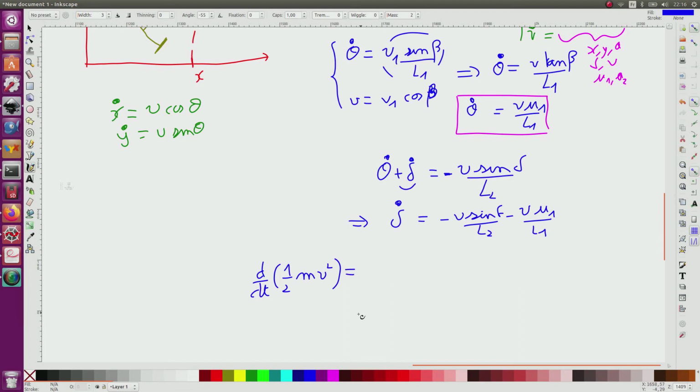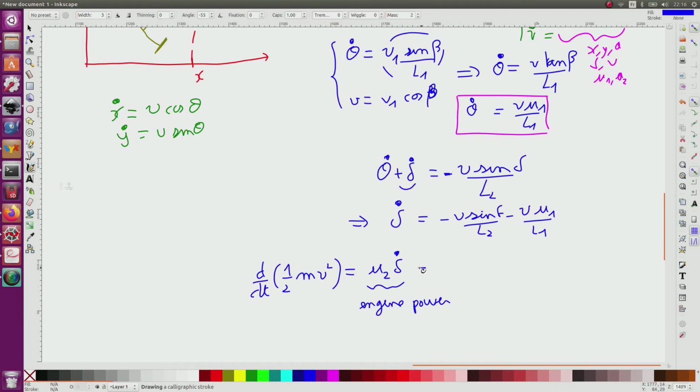So the derivative of this is equal to the power due to U2, and the power is U2 multiplied by delta dot, the rotation rate between the front and the second sledge, with some coefficient that I assume equal to 1. Here it corresponds to what we call the engine power.